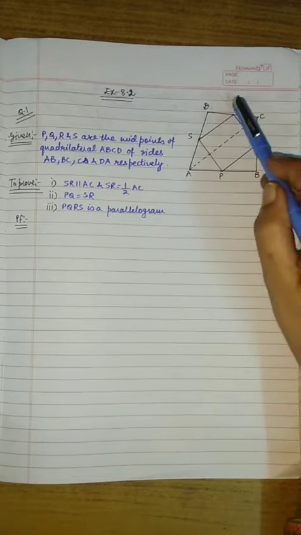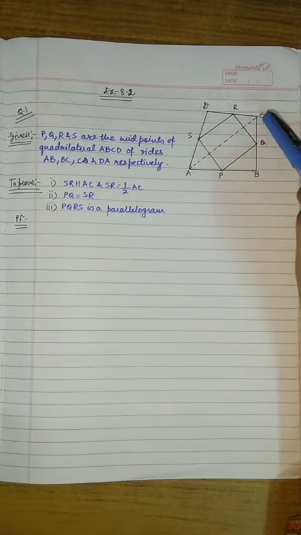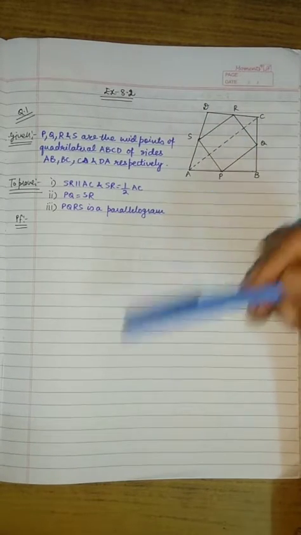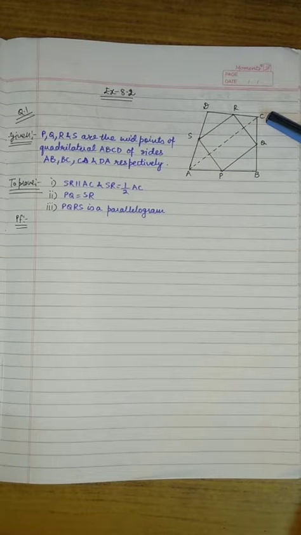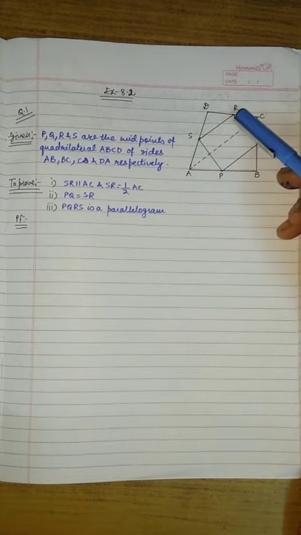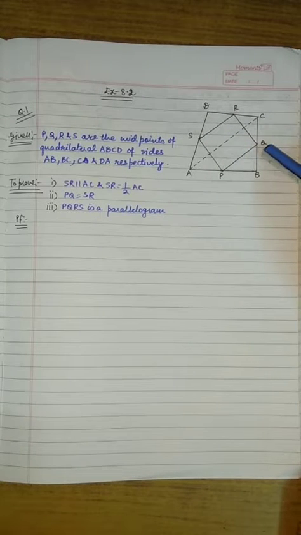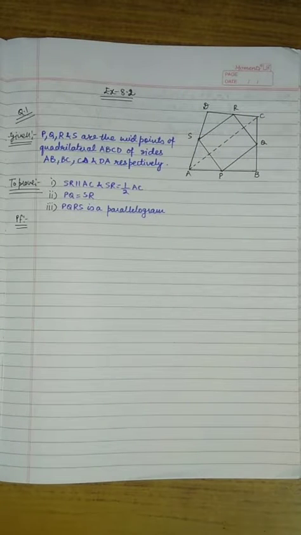In the figure you can see P, Q, R, S are the midpoints of sides AB, BC, CD and DA respectively. And we have to prove that SR is parallel to AC and half of AC. In the second part we have to prove SR is equal to PQ, and third, PQRS is a parallelogram.